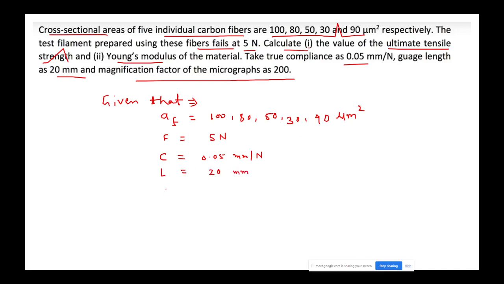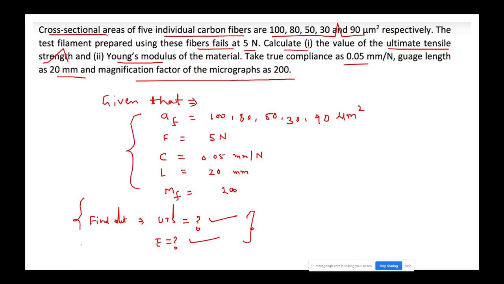The magnification factor of the micrographs is represented by MF, and it is 200. What you have to find out is the UTS, ultimate tensile strength, and the second one is the Young's modulus of the material. This is given in the question, and this you need to find out.